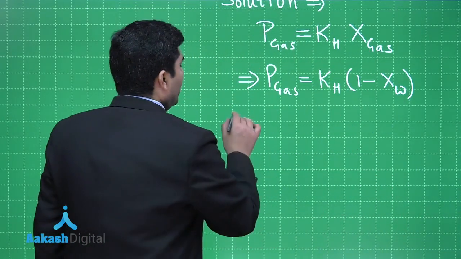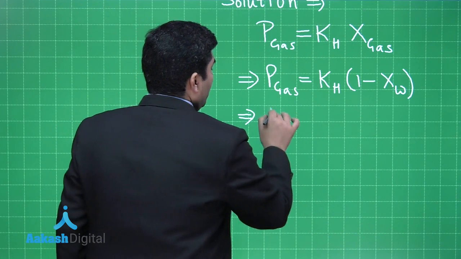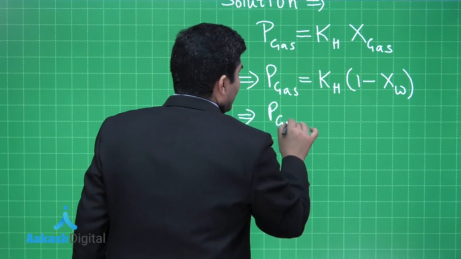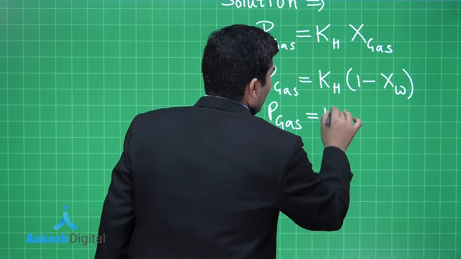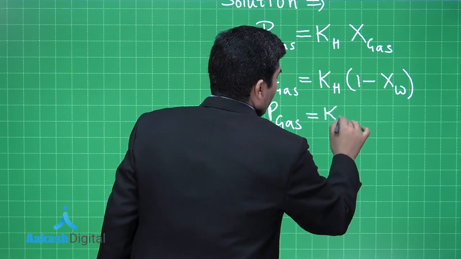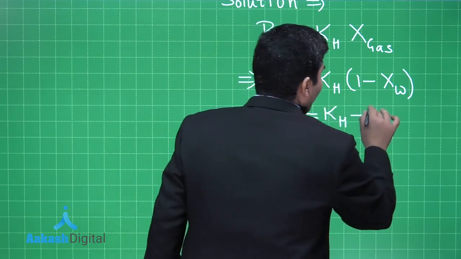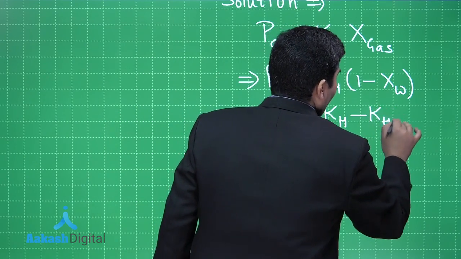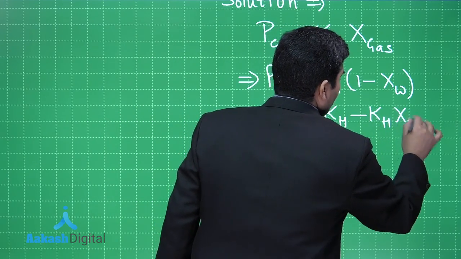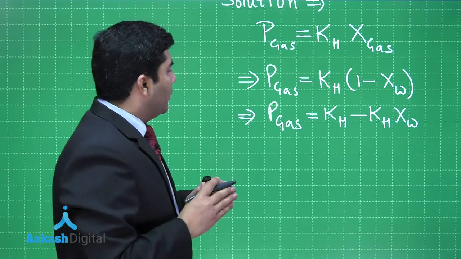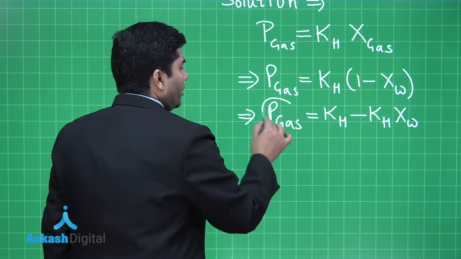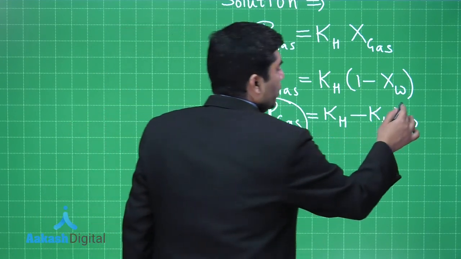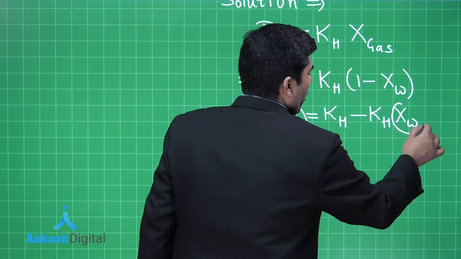If we further solve it, we will get the pressure of the gas is equal to KH minus KH XW, right? So our variables are partial pressure of the gas and mole fraction of the water.